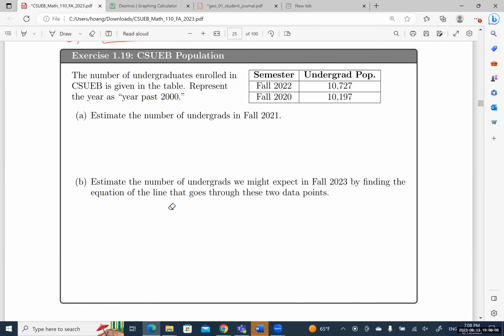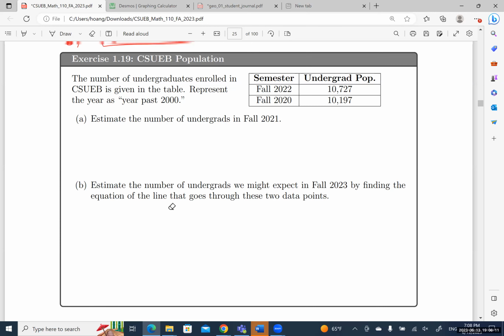Estimate the number of undergrads in 2021. So it's going to be 10,462, and this one is 10,992. Okay, so try that.